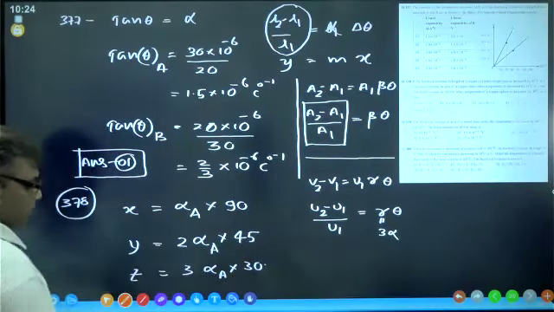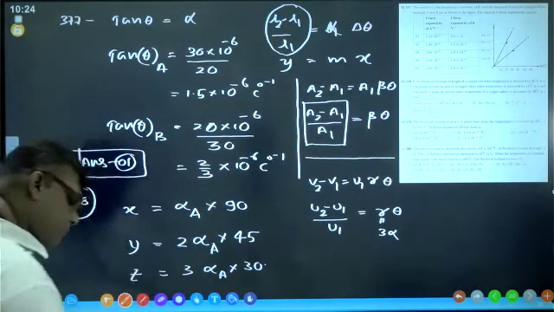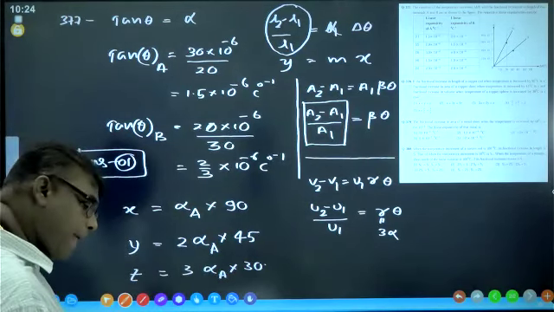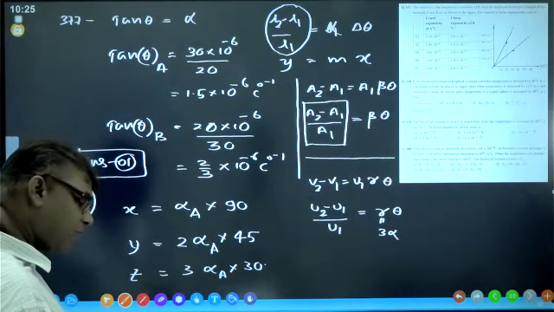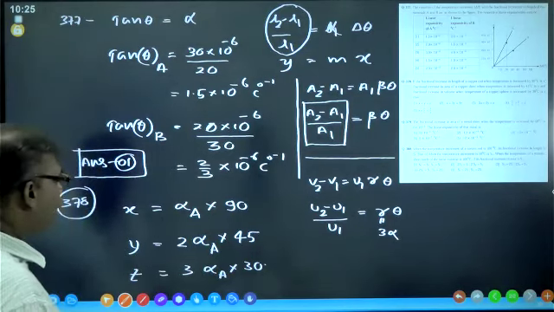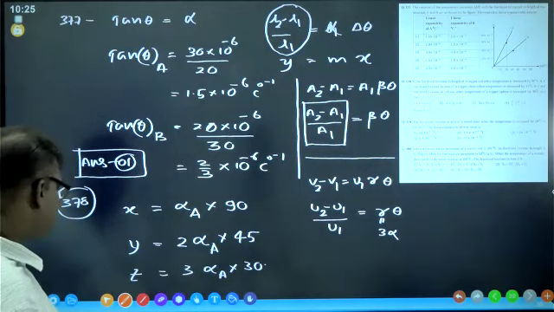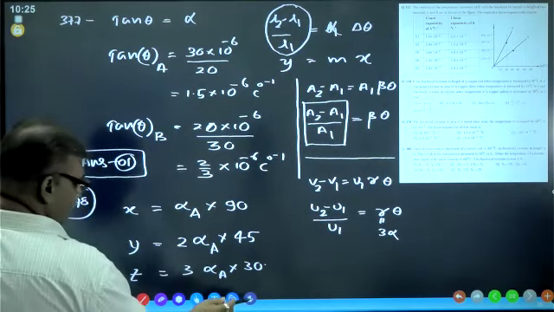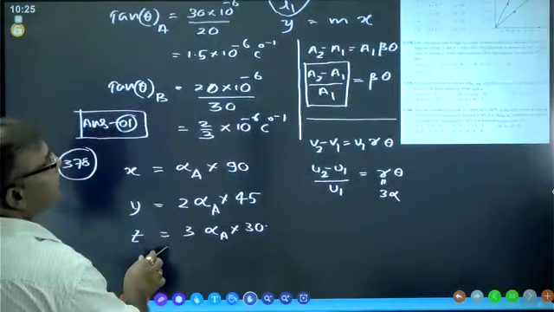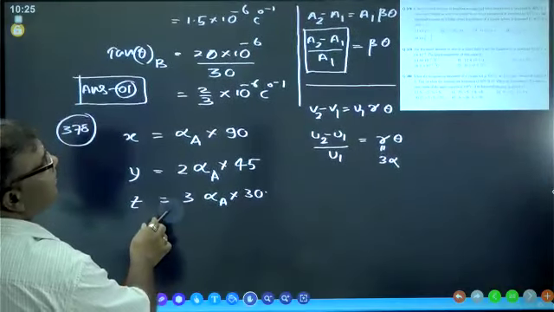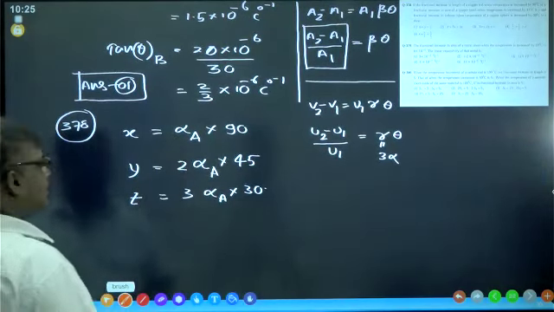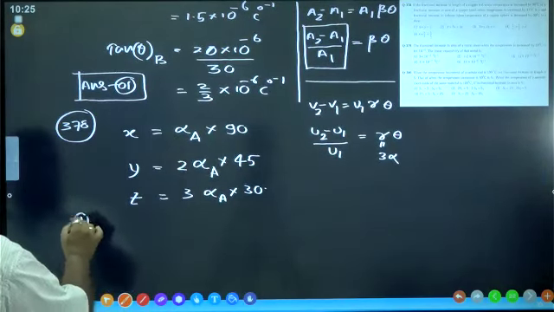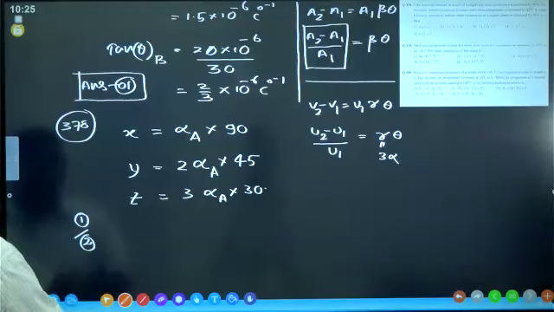Now you are asked to identify the correct arrangement. They need the combination X, Y, Z. We should combine X, Y, Z. So we can divide the first and second equations, first one divided by second one.